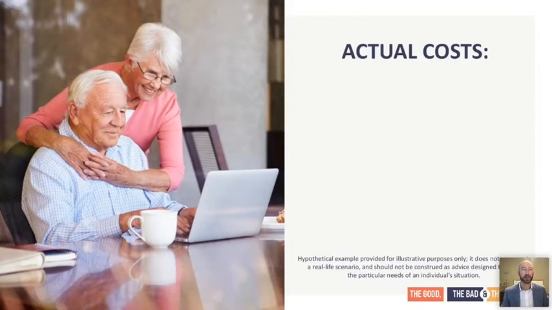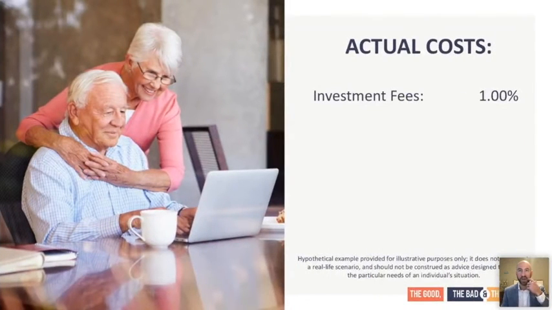In this situation, they're actually paying blended investment fees of right at about 1%. They have the 1.3% in the mortality and expense charges that we talked about. They've tacked on an income rider for an additional 1% per year.